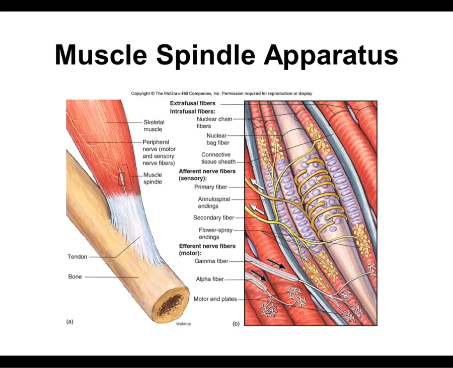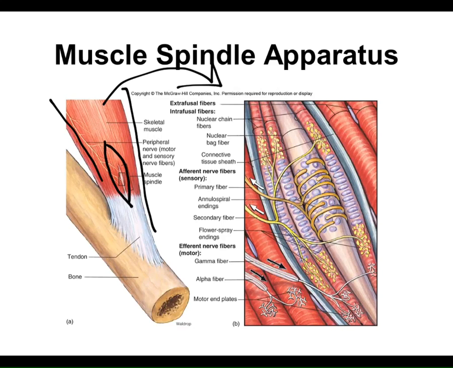We are looking at this entire muscle. Okay, so here's the muscle. And all we're doing right now is taking a look in this little spindle area, and we're zooming into this picture. The cells outside, the pink cells, are normal old muscle cells.